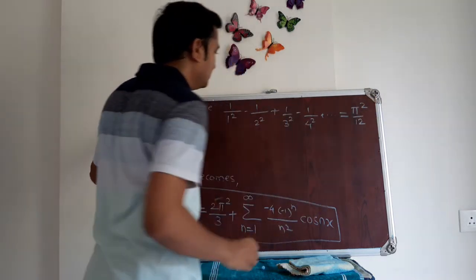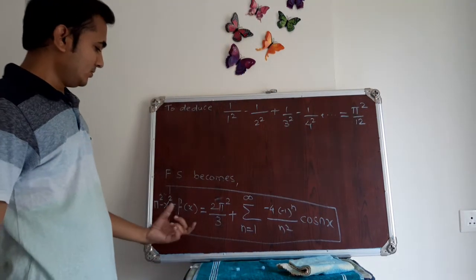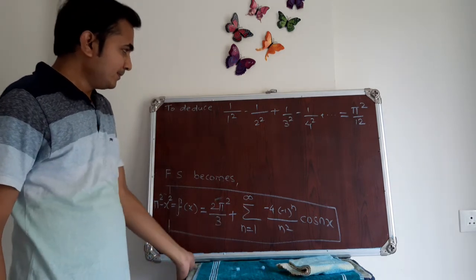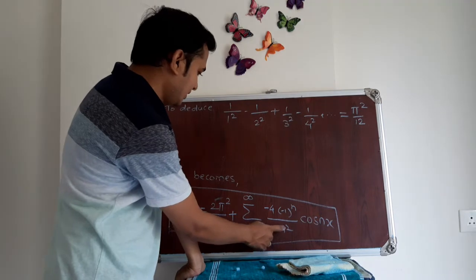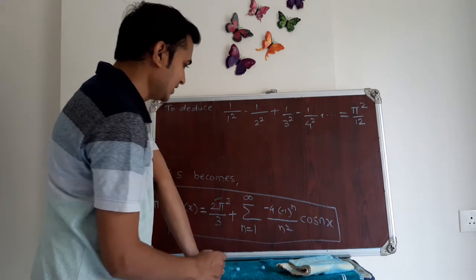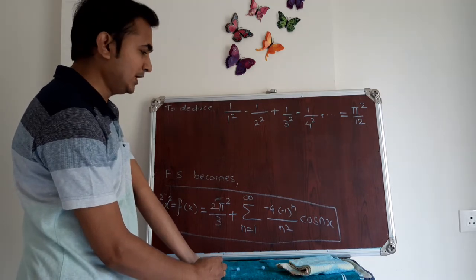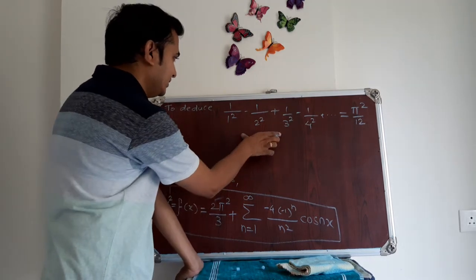Okay, this we have to show. Now let us look at this representation. I can find n square in the denominator here. All right, so I need to select a proper value of x so that I will get this side.